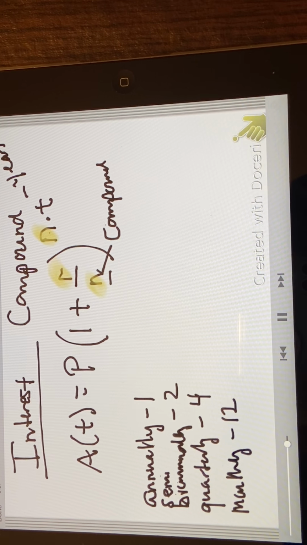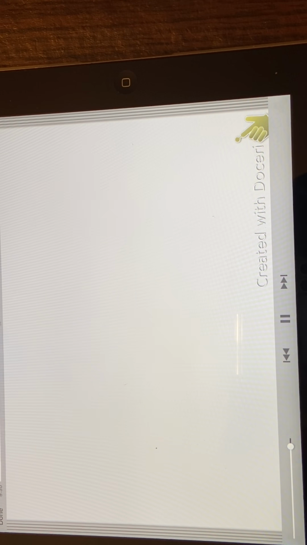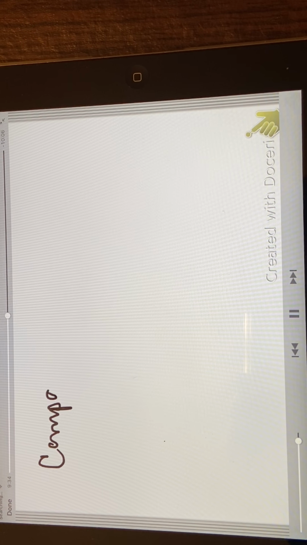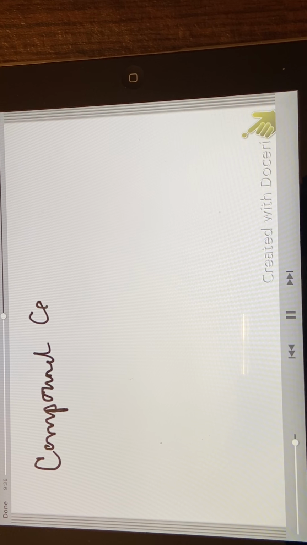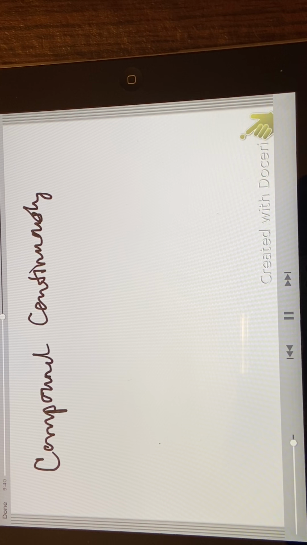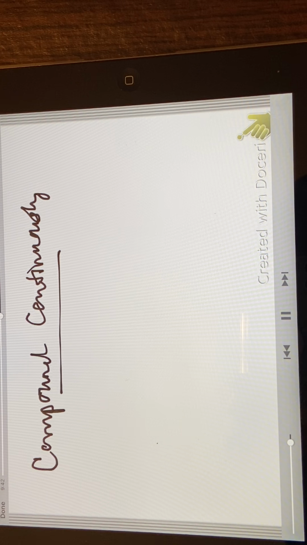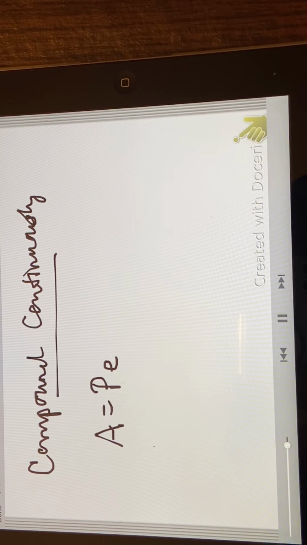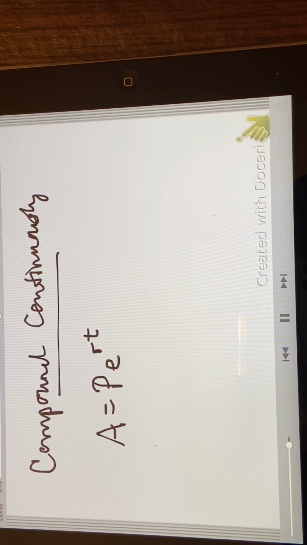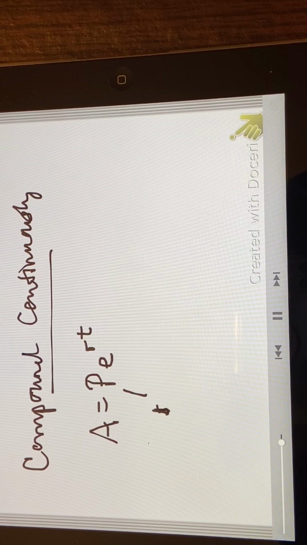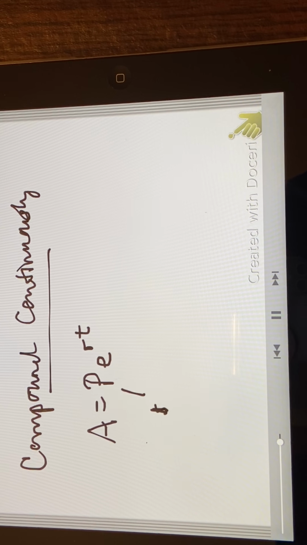Okay? The other formula is compounding continuously. And compounding continuously means I'm using this particular formula. You may have seen it in Algebra 2. It's called the PERT formula. P again stands for how much money you're going to start off with, take it to the bank.